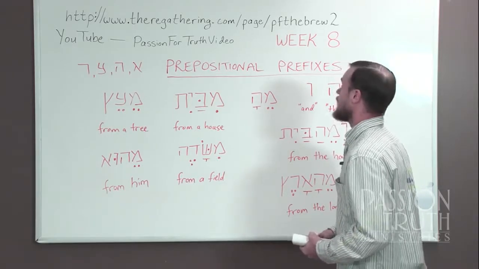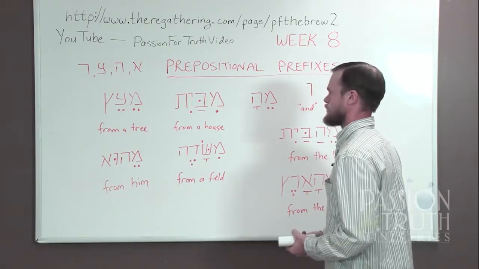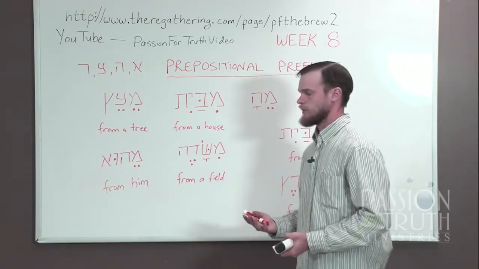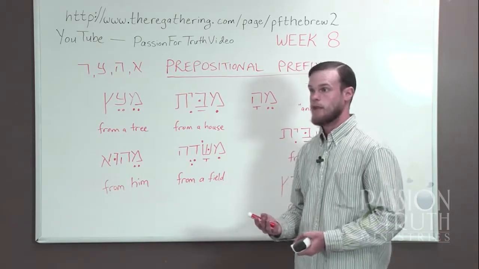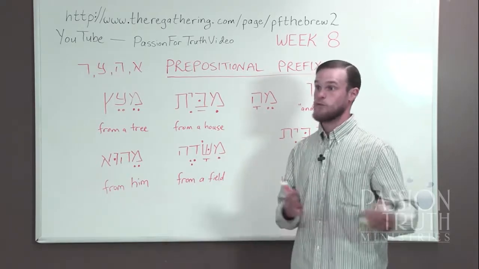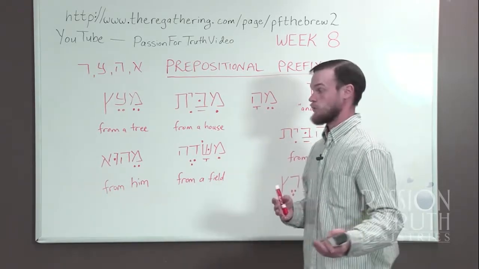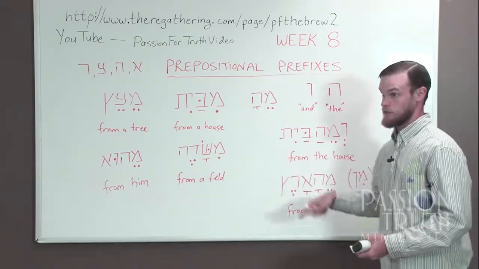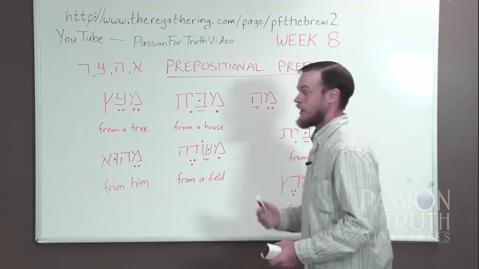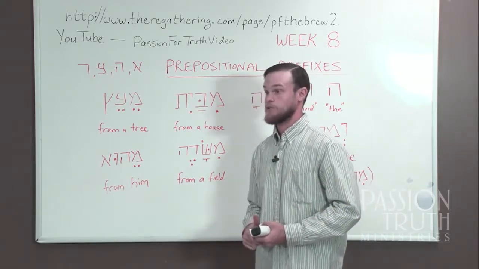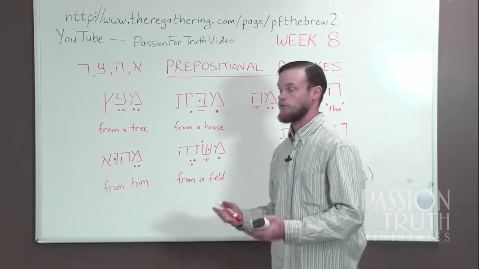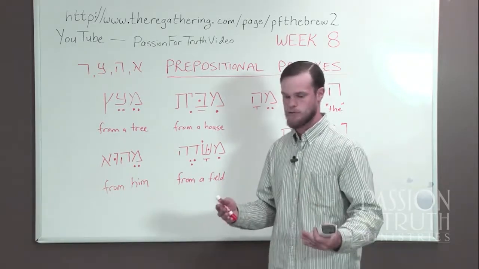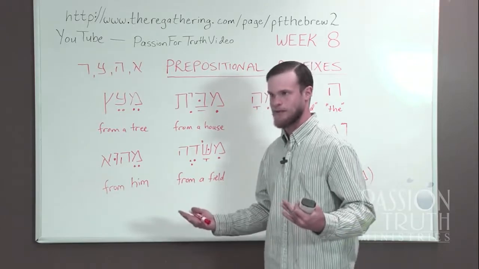But I hear from people all the time who start to learn a little bit of Hebrew, and so they'll learn a few words, and then they'll start looking something up in a Strong's Concordance. And the Strong's has words listed by root. It does not have words listed by every single possible combination of prefixes and suffixes, and believe me, there are many. So a lot of times people get frustrated because they'll look up a word in the Strong's, and then they'll get a hold of an actual Hebrew text. So they'll find the verse the Strong's says contains that word, and they'll look at the word, and it looks nothing like the word that they're looking at in the Strong's.